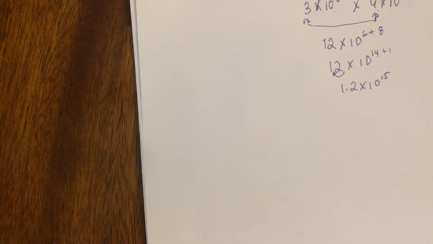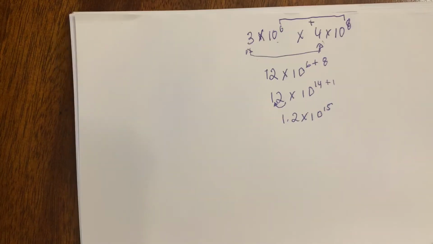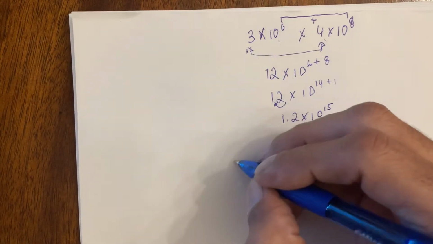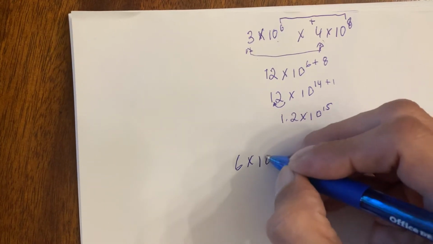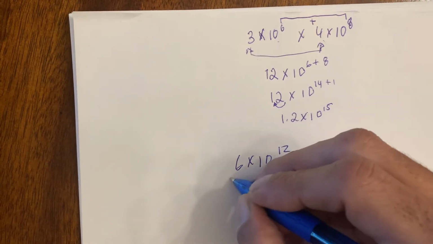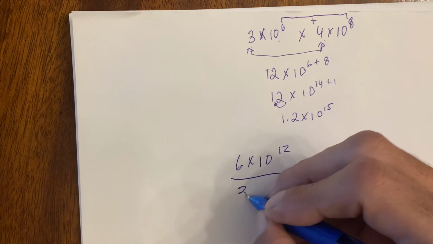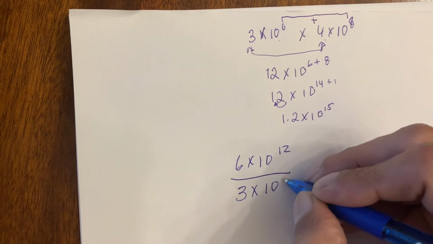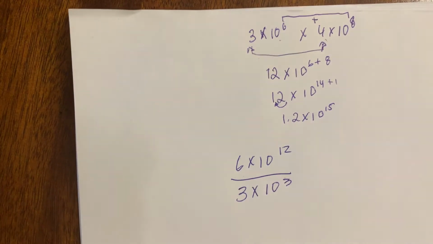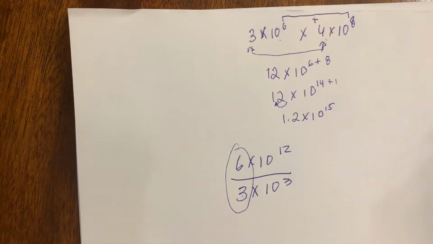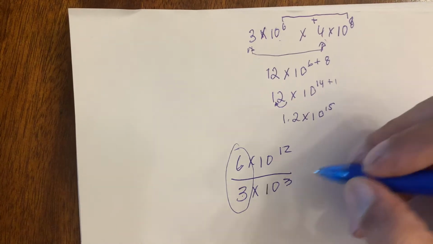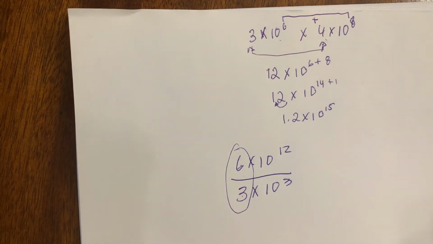Let's look at a division problem. Let's do 6 times 10 to the 12 divided by 3 times 10 to the 3rd. Well, that's really easy. Again, we're going to divide these based on whatever the operation is.